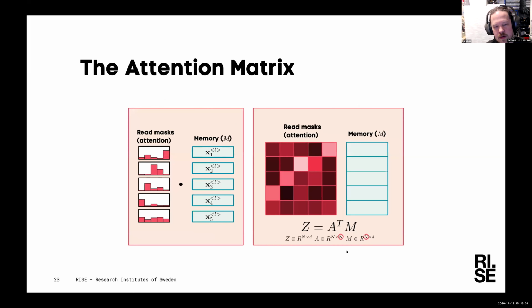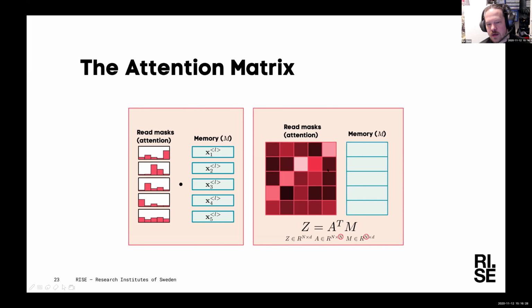So just to show you another depiction of this, and this is the picture I will use to explain the issues and how we can try to solve them. We can think of these masks I showed you previously, these histograms, as rows in this attention matrix. Then we multiply this matrix by our memory to get the values we read from memory.